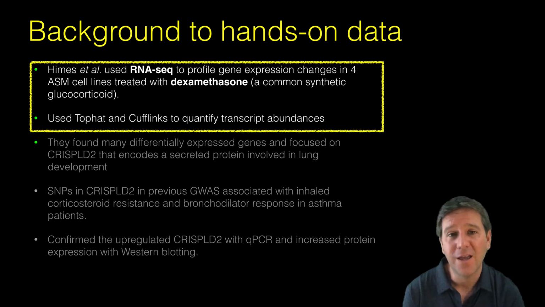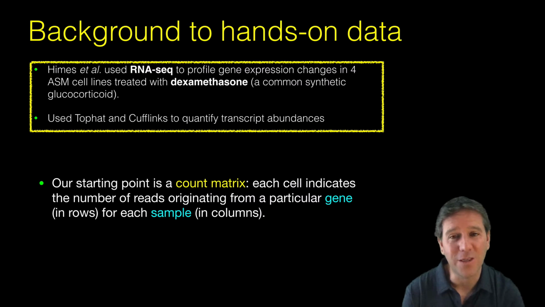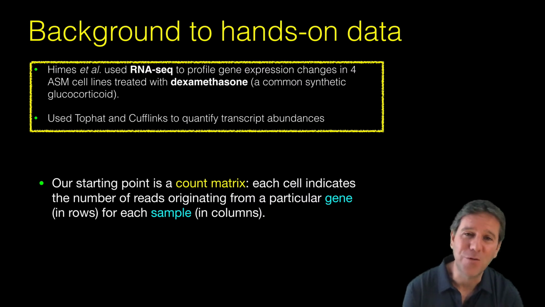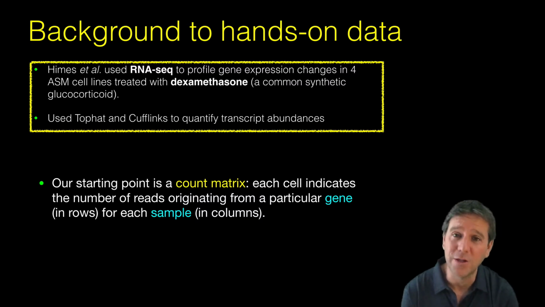We're going to go back to where we left off the last day. That is the output of the mapping and the counting step that these authors produced, just like we did the last day. And our starting point then is going to be this count matrix, where each cell indicates the number of reads originating from a particular gene. That will be the rows in this count matrix.